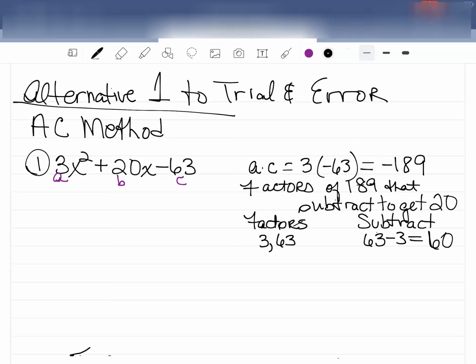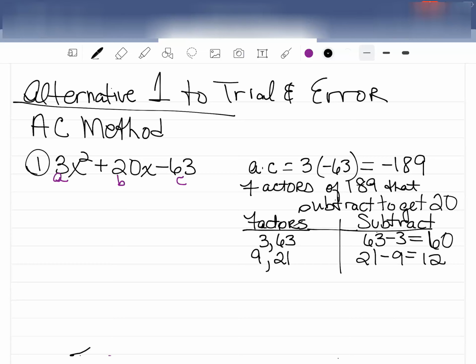And now I'm going to manipulate the 63. I know there's a 3 times 21 that'll give me a 63, so I'm going to put that 3 with the 3 I already have and get a 9 times 21. That'll give me 189, but when I subtract, it's not giving me my 20. It's only giving me 12. So that's not it.